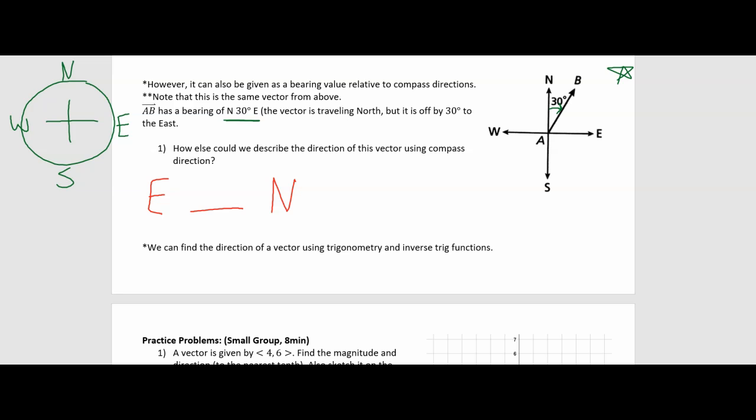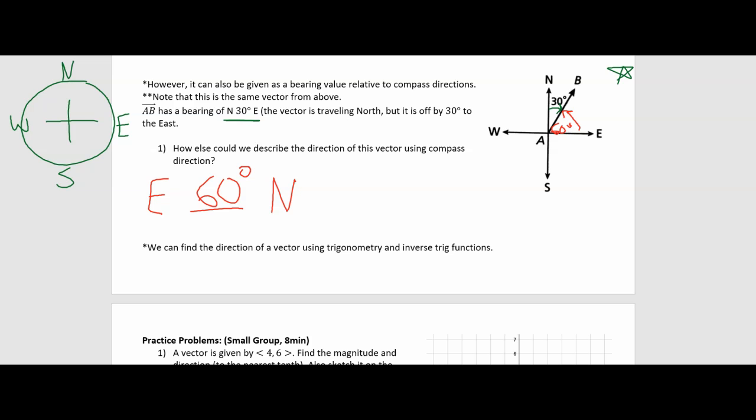Well, if that angle up there is 30, this angle right here has got to be 60, because the entire quadrant is 90 degrees. So you could also describe the vector as traveling east, but being pulled off to the north by 60 degrees.